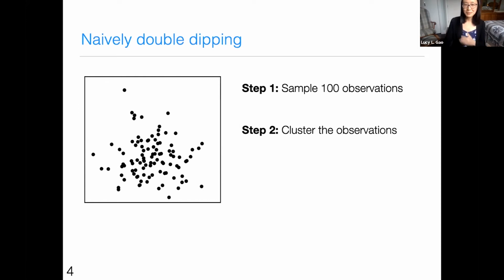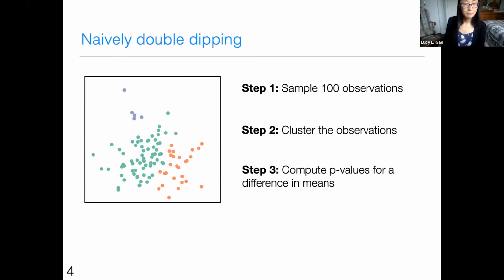Even so, I'm going to ask my clustering algorithm for 3 clusters. And of course, it obliges, and rather uncritically humors me by supplying these 3 clusters. Now that I have these clusters, I want to calculate a p-value for a difference in means between each of the 3 pairs of clusters.